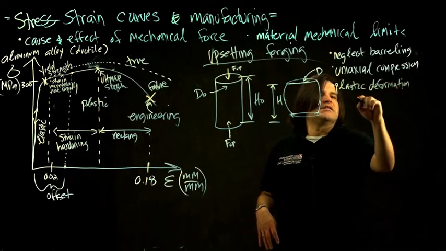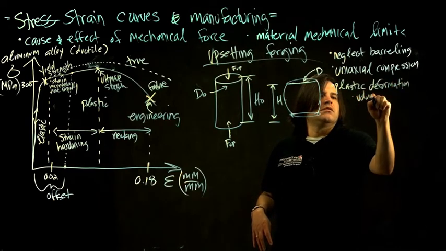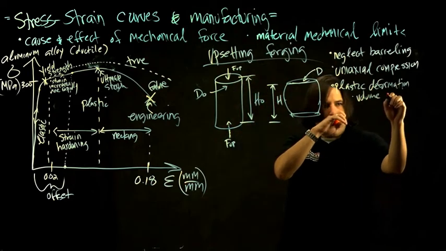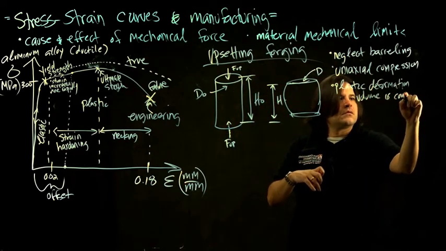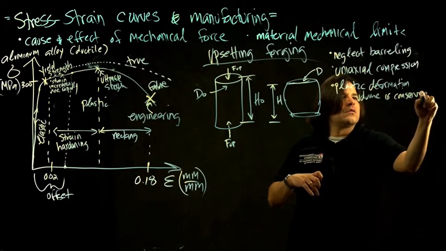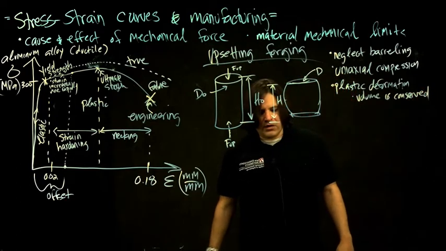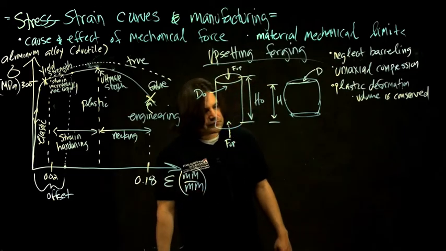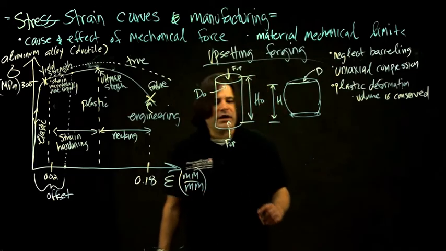One thing about plastic deformation is that volume is conserved. So the volume here equals the volume there. Okay, when you apply those assumptions, you can describe what is observed.